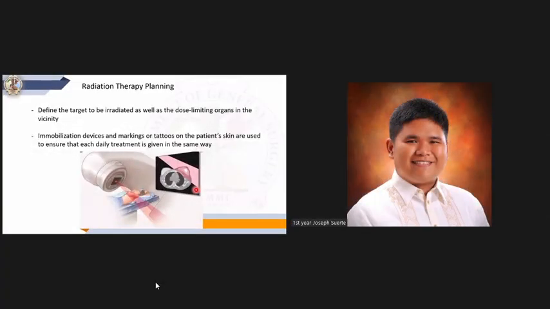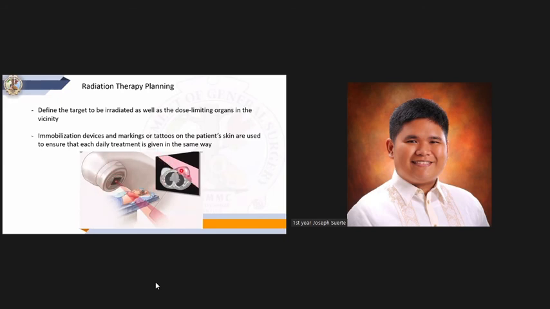So in the planning of our radiation therapy, it's important to define the target to be irradiated as well as those limiting organs in the vicinity of the tumor. So we can add immobilization devices or markings or tattoos on the patient's skin to ensure that daily treatments are given in the same way. So in this picture here, we have an example of our external beam therapy.